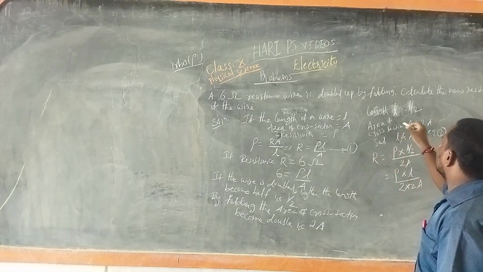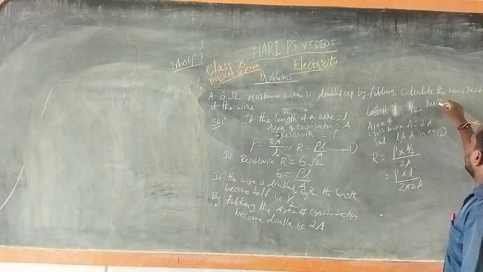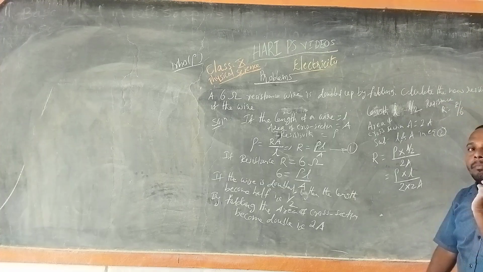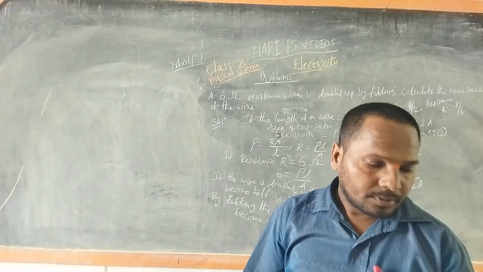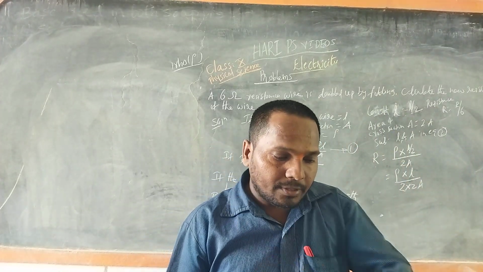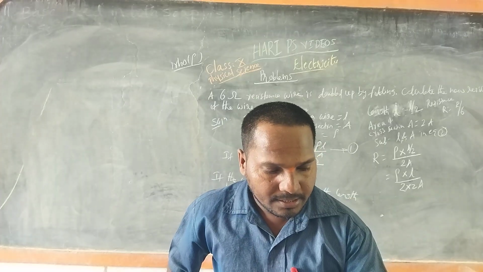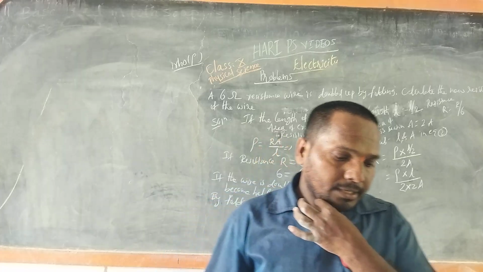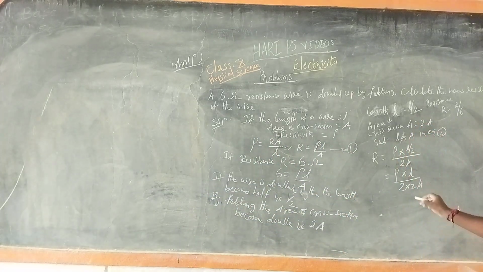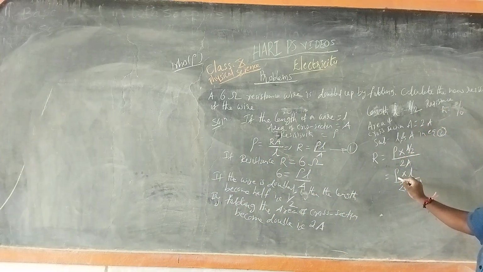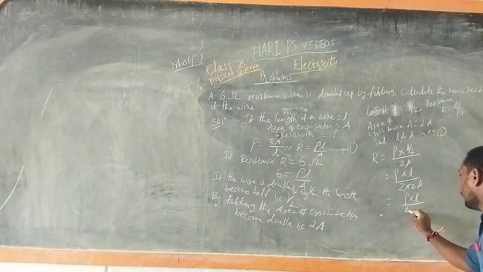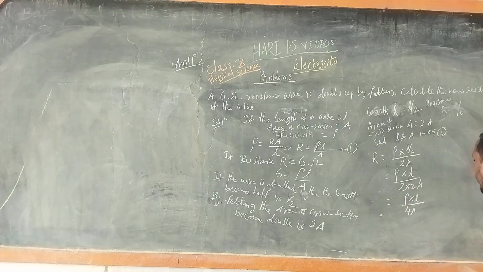So then the resistance. According to the problem, the original resistance is 6 ohms, and the new resistance of the doubled wire is R. So R is equal to rho into L by 2 into 2A, which is equal to rho into L by 4A, since 2 times 2 is 4.